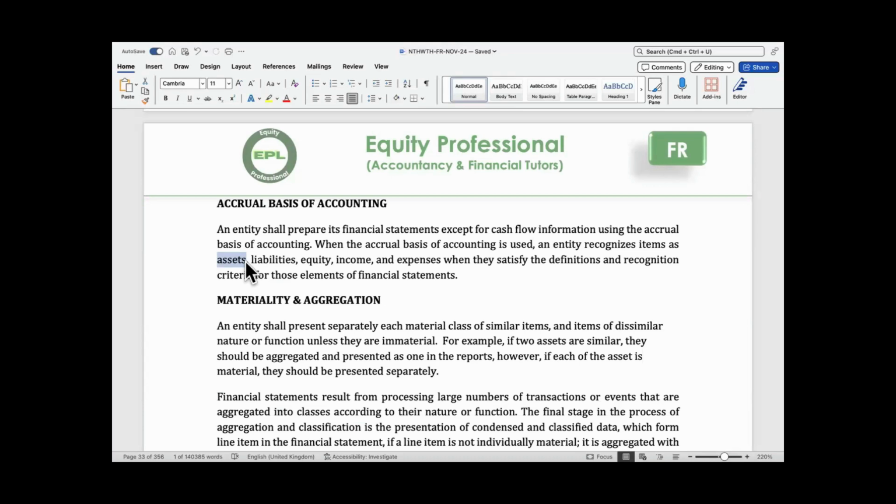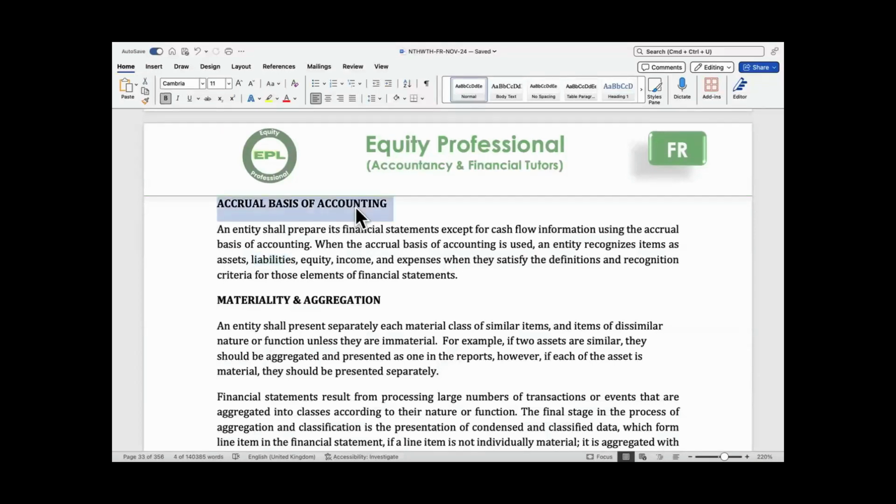Just let there be existence of an economic resource and you have control over it. Liability, when you have an obligation to transfer an economic resource, recognize it in your books. That is accrual basis. No mention of cash, but occurrence of a transaction. Then you put these items in your books. That is accrual basis of accounting.